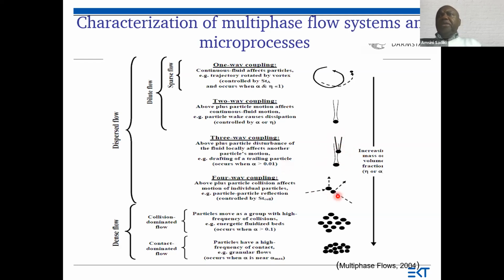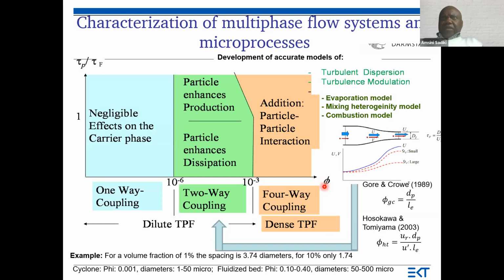And four-way coupling: we know that if the ratio between the interparticle space divided by the dimension of the particle is less than 10, then we have the two-way coupling. Or if the particle volume fraction is less than 10 exponent minus 3, as we have seen.